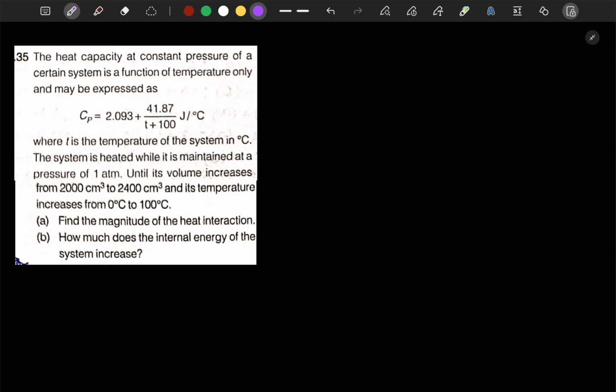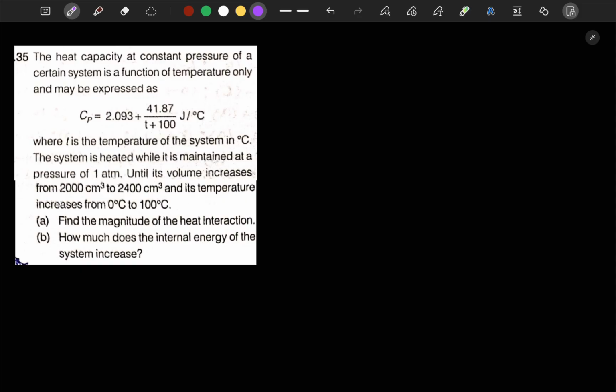The system is heated while it is maintained at a pressure of 1 atm, until the volume increases from 200 cm³ to 2400 cm³. Its temperature increases from 0 degrees Celsius to 100 degrees Celsius. Find the magnitude of heat interaction.